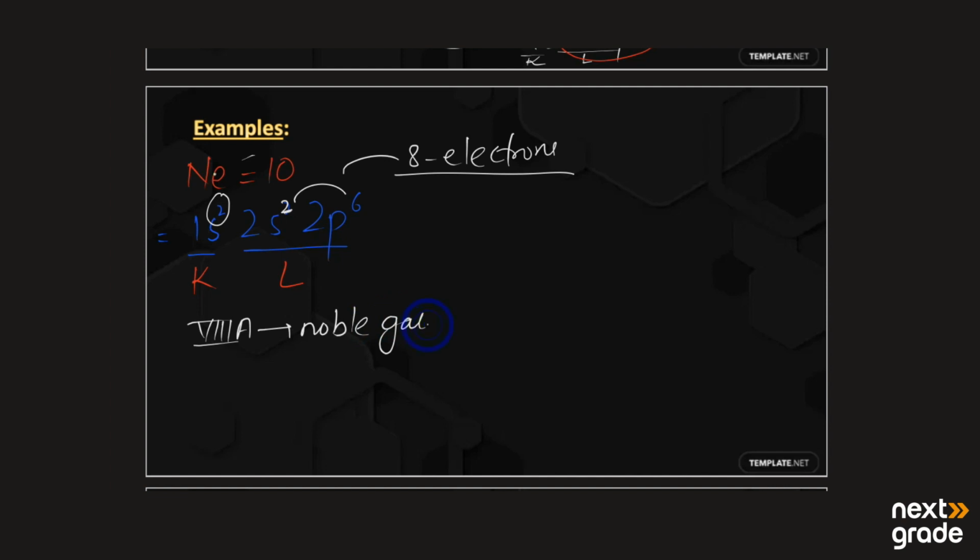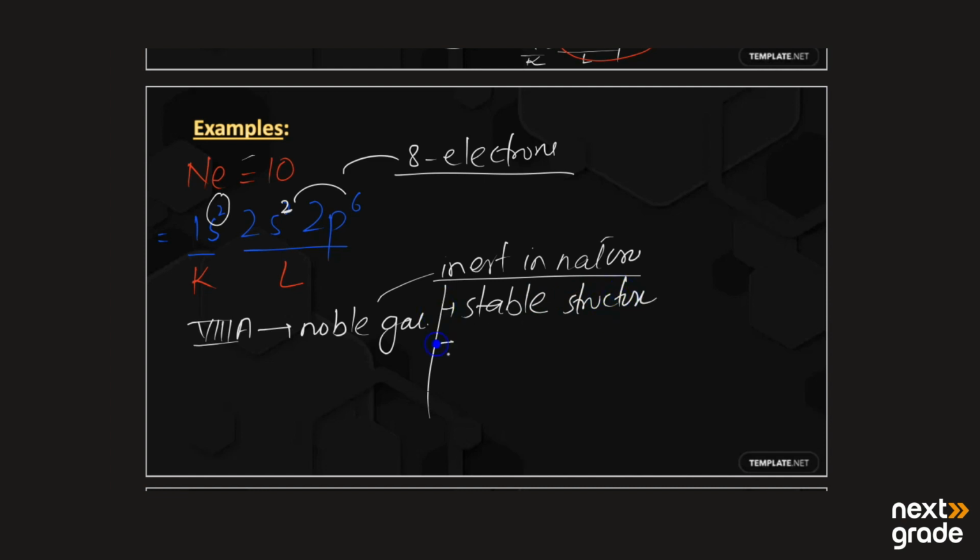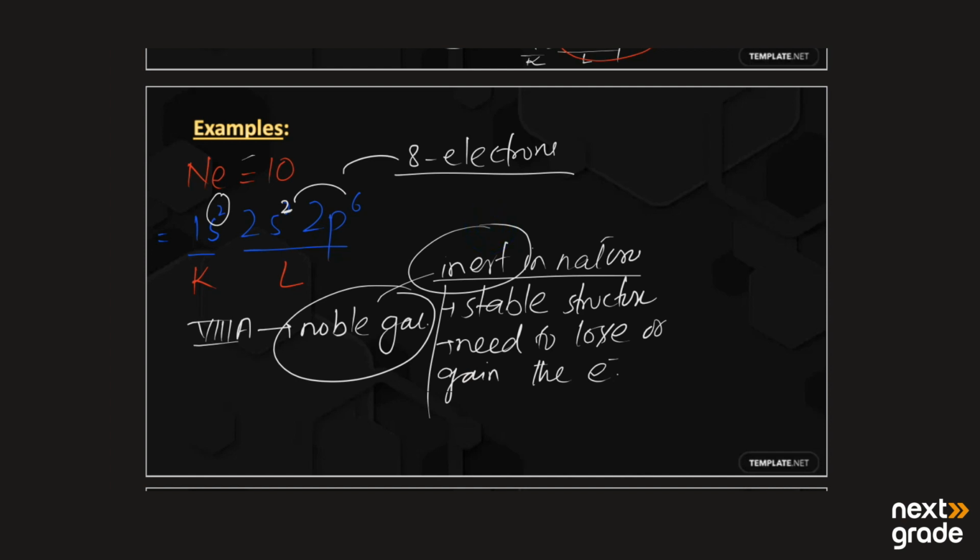That's why noble gases are inert in nature, because they have a stable structure. They do not need to lose or gain electrons, because their octet is already complete.